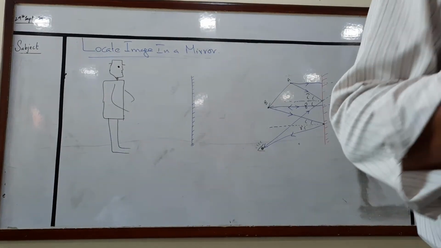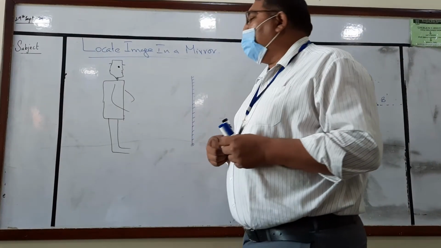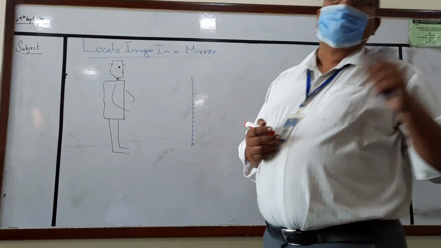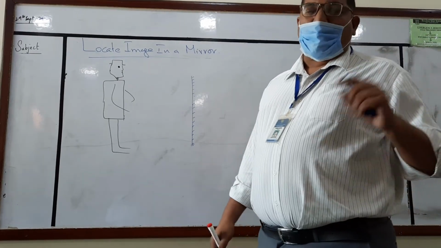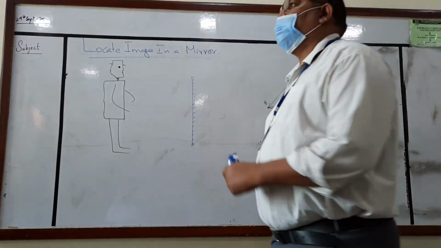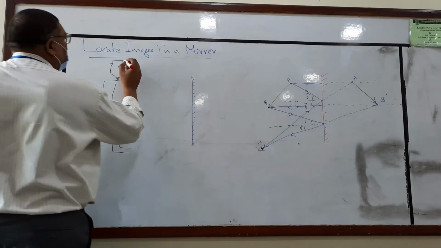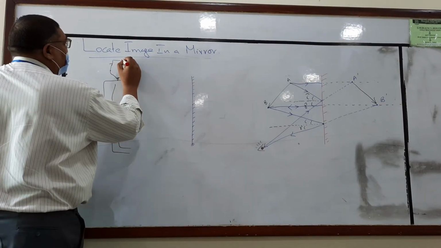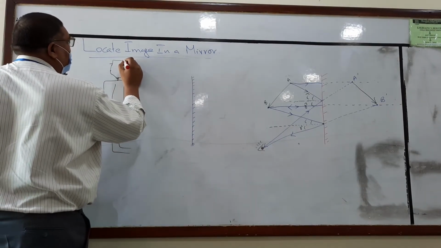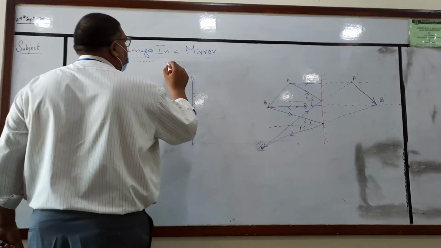Let's draw his image in the mirror. He is able to see the top of his head, and he is also able to see the toes of his feet. So let's draw the image of his hat. From here I will take a line straight.